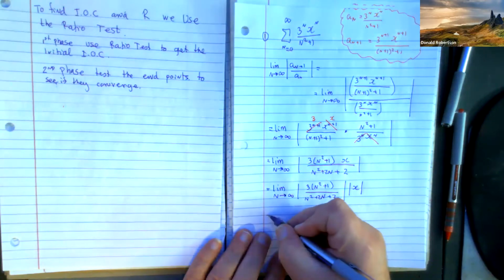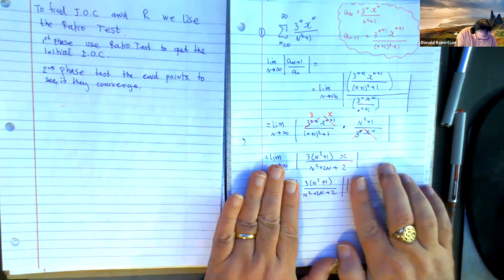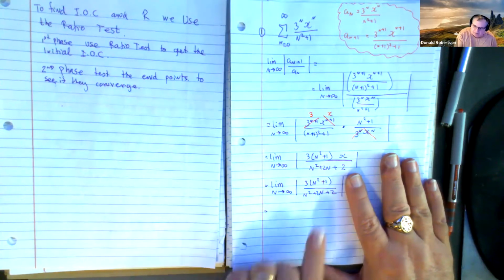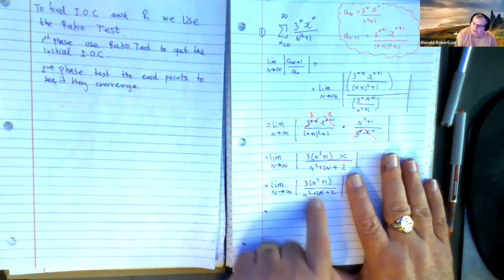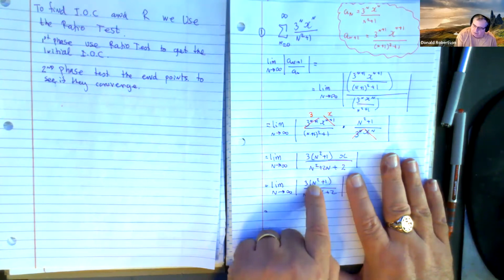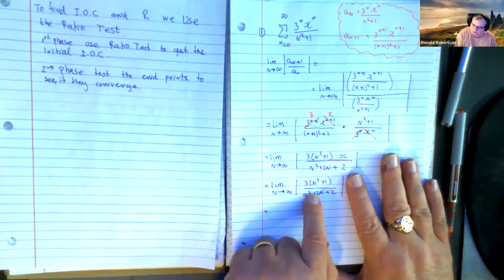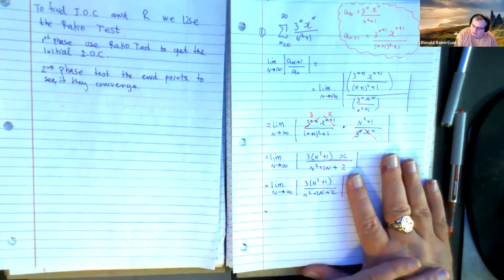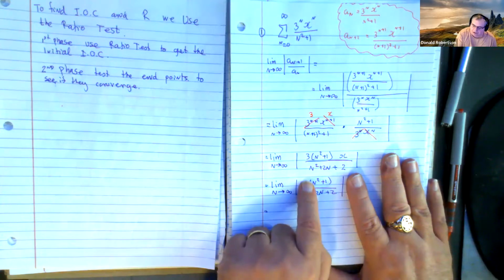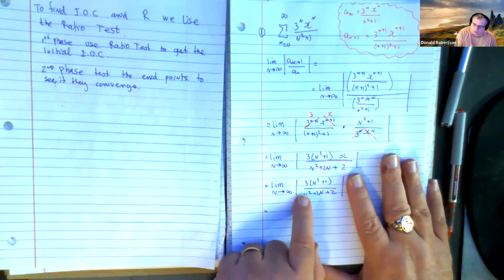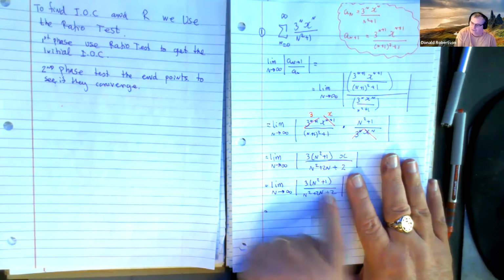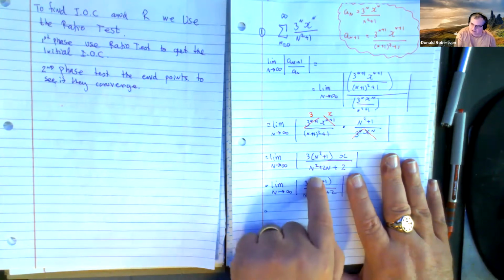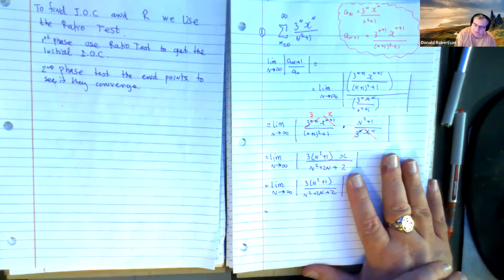Now what you do, I want to find out what the limit of this is equal to. And you see it's 3n squared plus 3 over n squared plus 2n plus 2, right? That one. What would the limit of (3n squared plus 3) over (n squared plus 2n plus 2) be? So if you find the limit of this fraction, what number would it be?